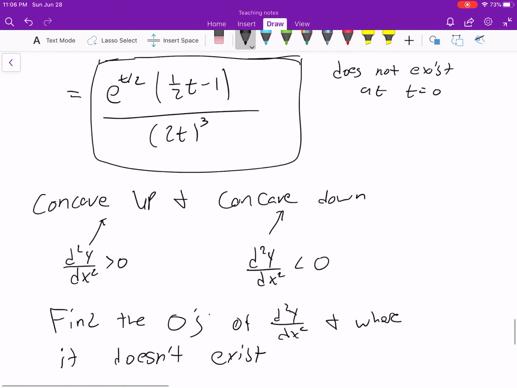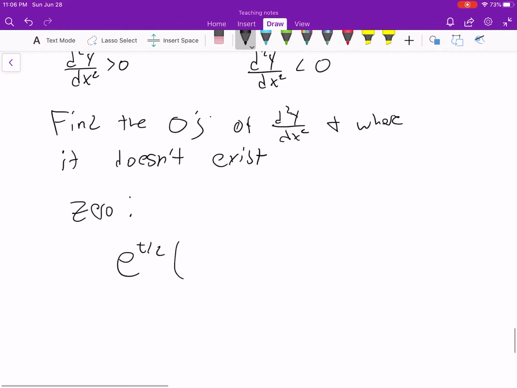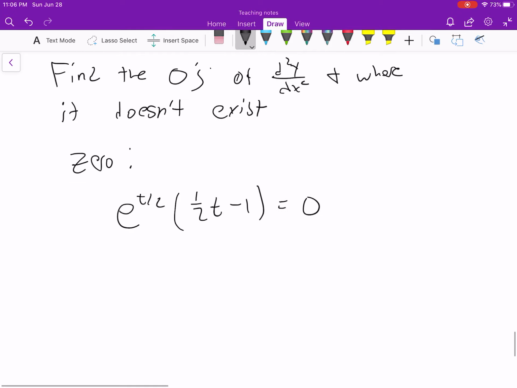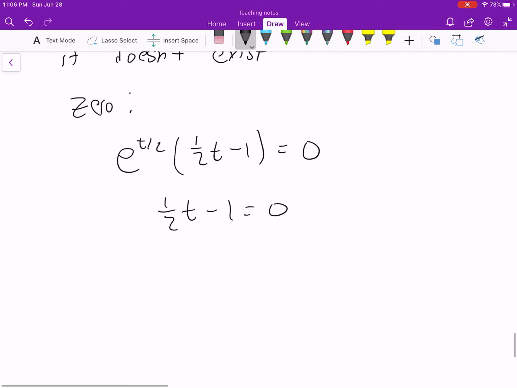So if I set the numerator equal to 0, I'm going to get e to the t over 2 times 1/2 t minus 1 is equal to 0. You can divide both sides by e to the t over 2 because it's never 0. It's always positive. 1/2 t minus 1 is equal to 0. If I solve this, t is equal to 2.